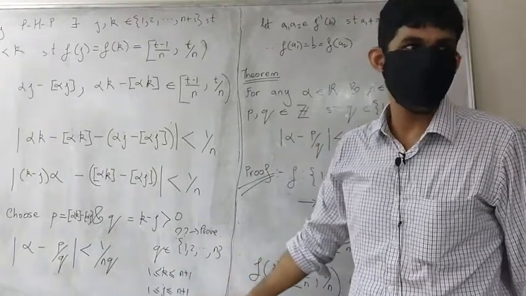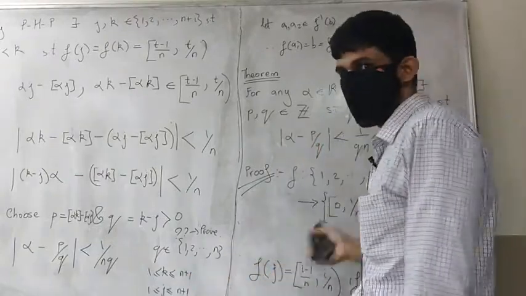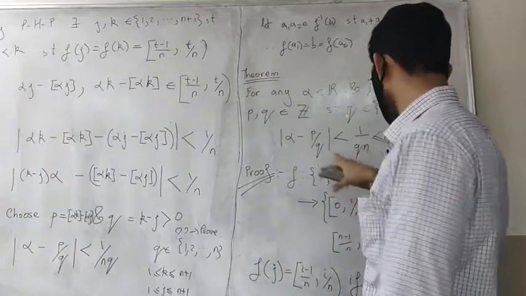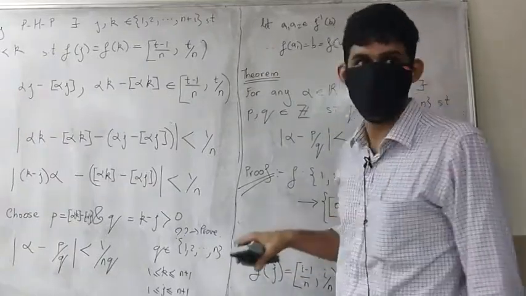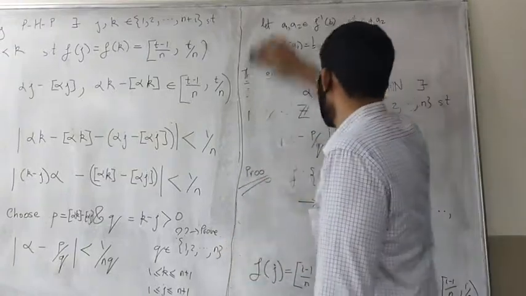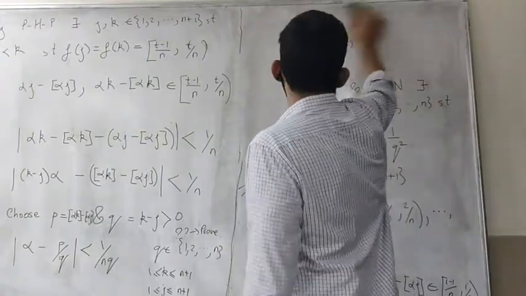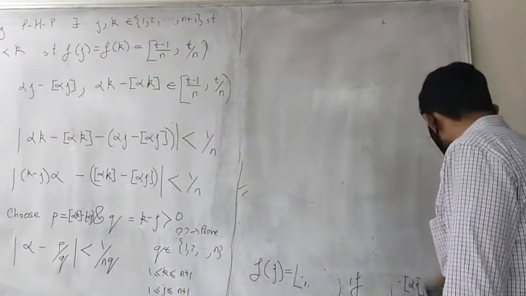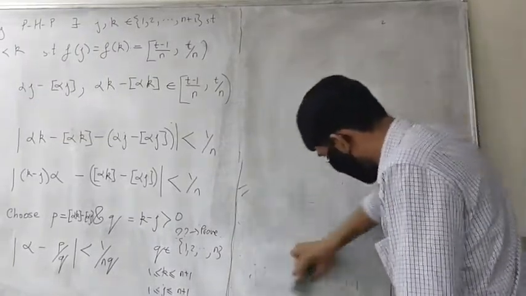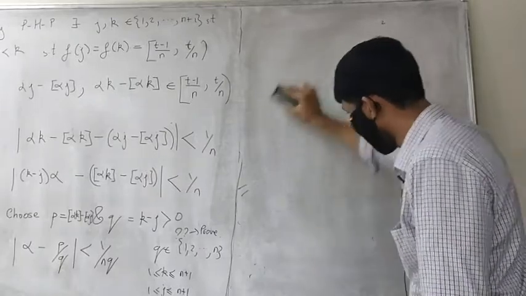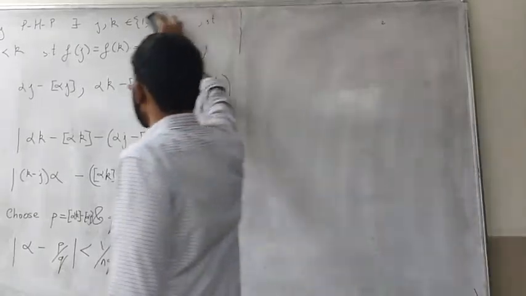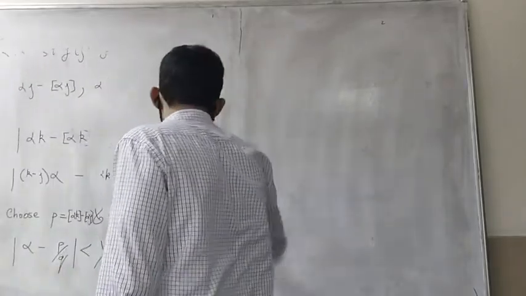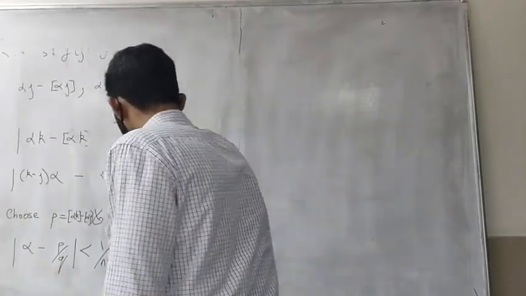That gives us the existence, but there is no way to find it, because you are just using the pigeonhole principle to get j and k such that f of j is equal to f of k. So that's interesting. You can go as close as you want with the restriction that the numerator is less than n.